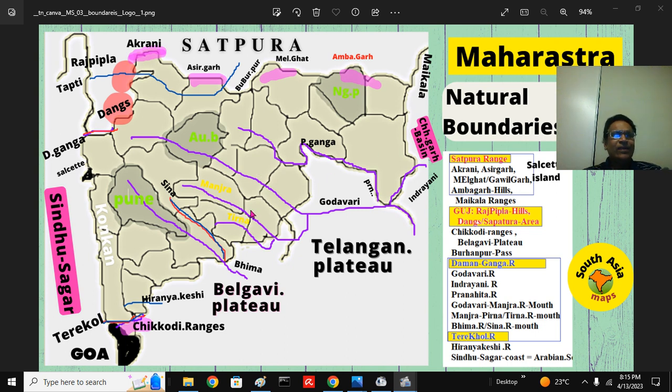So in this, we take the state and look at its natural boundaries: the mountains, the passes, the rivers, the seaboards, the water bodies that surround the Maharashtra province. Sometimes there will be some minor adjustments because the political, administrative boundaries always change. They are not just drawn as per natural features.